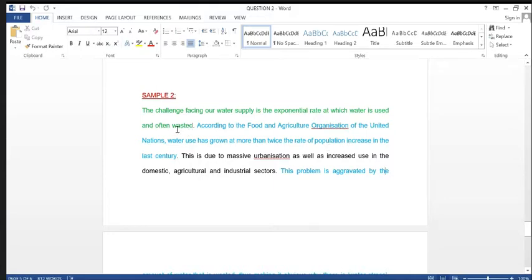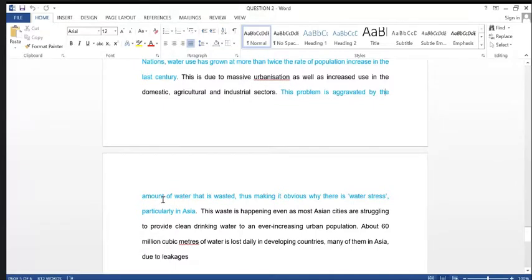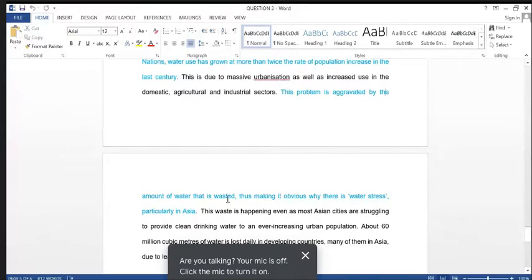But they only talk about use. You know that there is one more, that is about what is wasted. So let's look at the blue sentence, the fourth sentence. This problem is aggravated by the amount of water that is wasted.